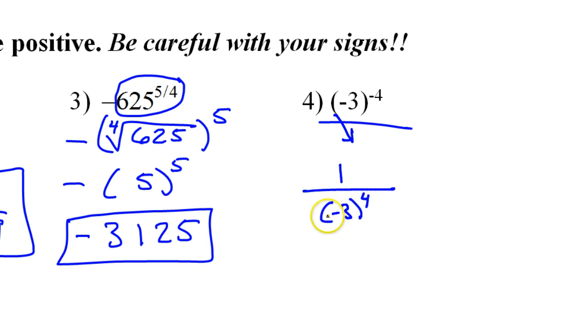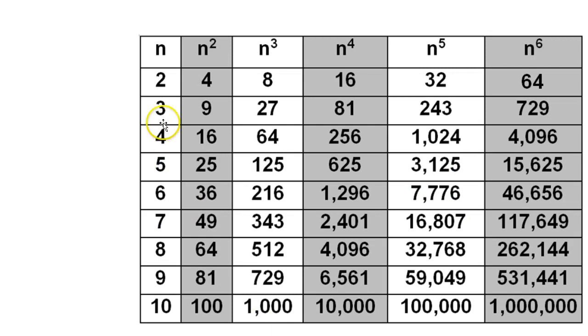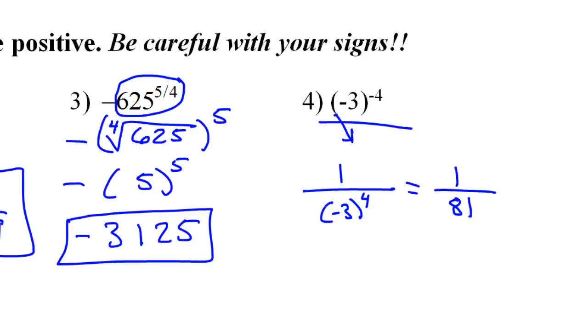Now, when you raise a negative number to an even power, it turns positive. So there won't be any negative sign. So it's just a matter of what's 3 to the fourth power. Now I happen to remember that that is 81. Okay, but here it is. 3 to the fourth power is 81. So that's why this is going to just be 1 over 81.